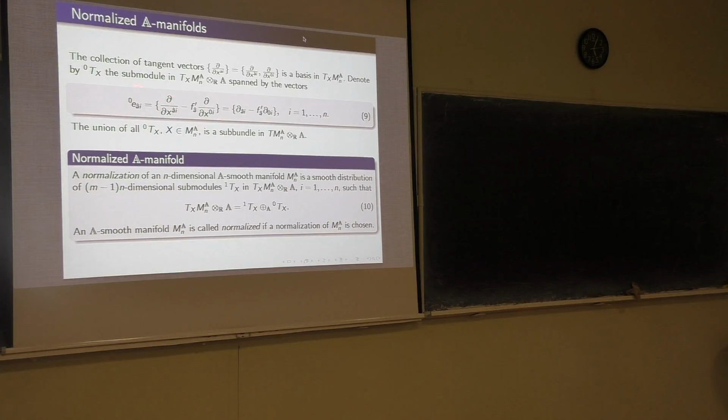Here you can see the basis in T0, and here you can see the normalization of an n-dimensional A manifold. The normalization is a smooth distribution of such submodules T1 at each point, such that there holds this decomposition.